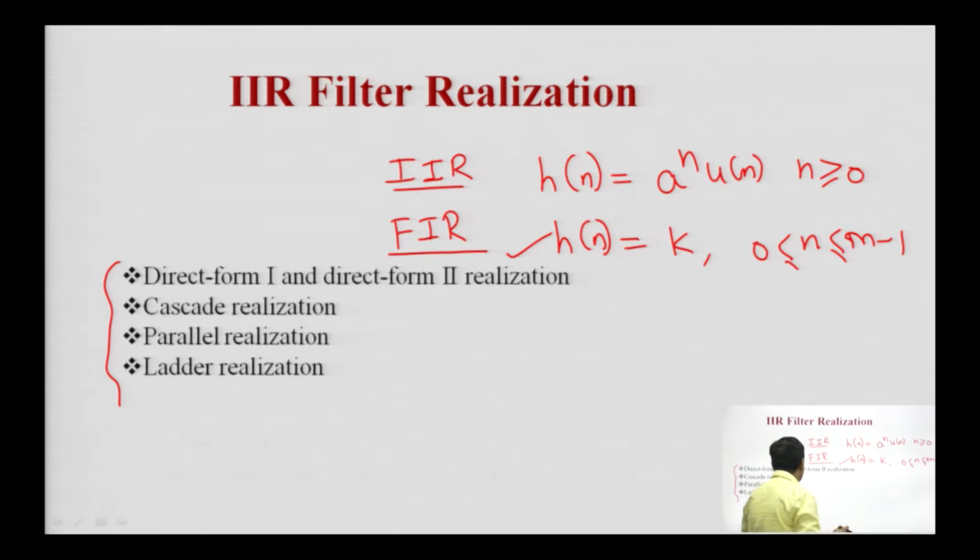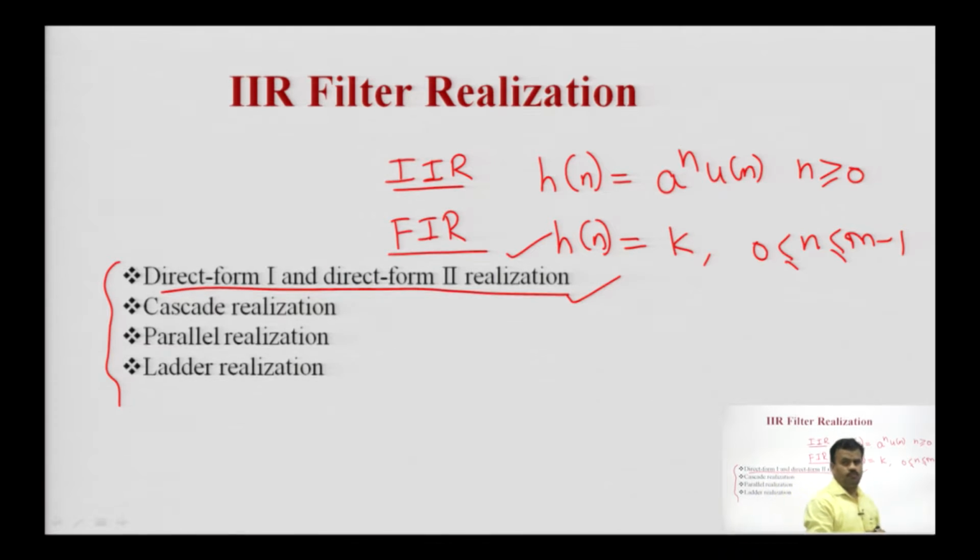The most important techniques are direct form 1 and direct form 2, because they are the basic structure realization. If you understand direct form 1 and direct form 2, then it will be easy to understand another type of realization.